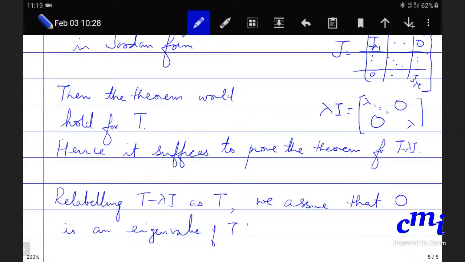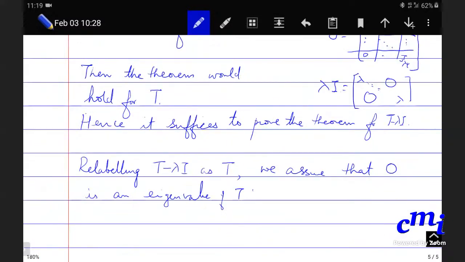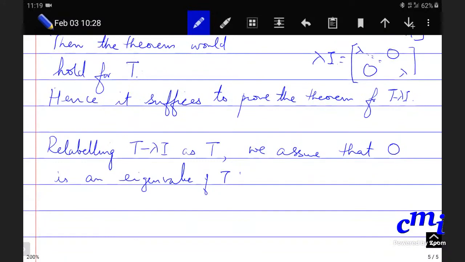That is, if we can prove it for the class of all linear operators that are not injective, then we can prove it for the class of all linear operators.